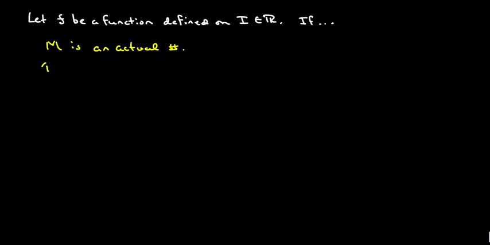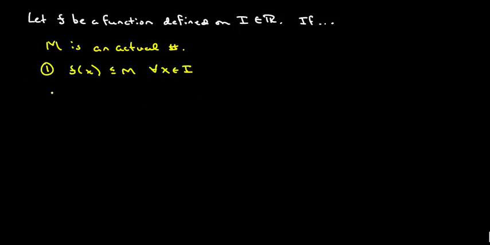One, if f of x is less than or equal to that capital M for all x values in the interval. What this means is that the function height values are less than or equal to some M value for every single x that we could possibly plug in on the interval.